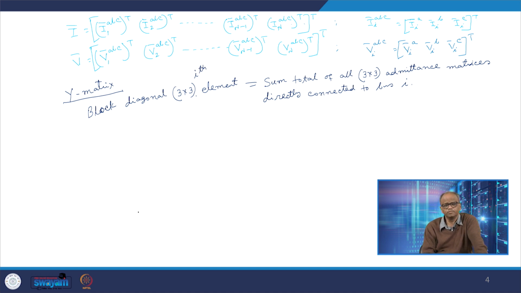So it is a 3 cross 3, but it is an ith element. Okay.